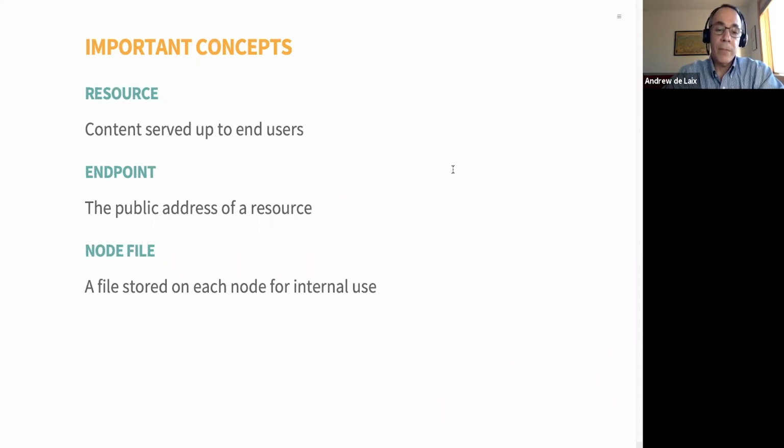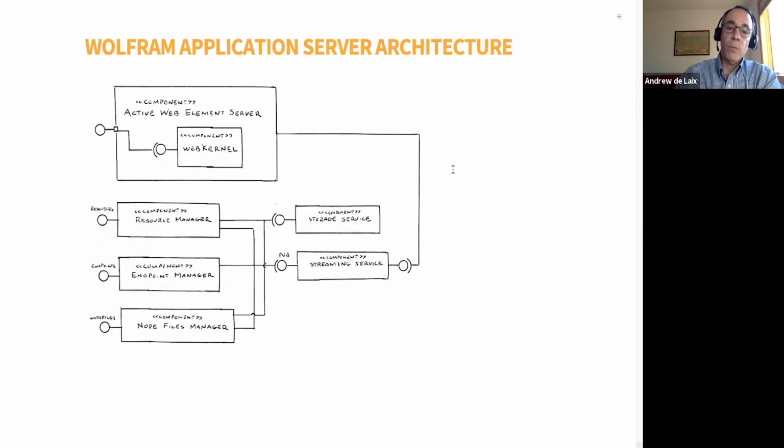Now, a node file is something that is not directly accessible by a customer. It's internal use stuff. So these are the three key concepts to help you understand what Wolfram Application Server is doing.